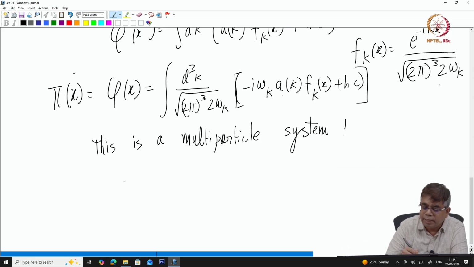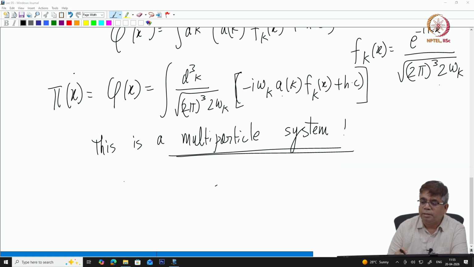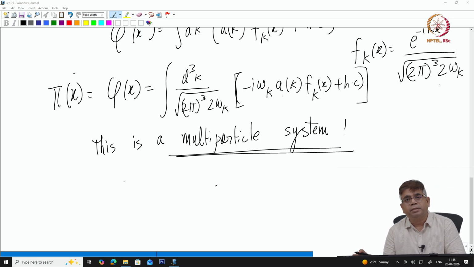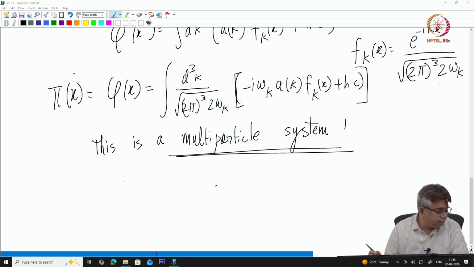So this is inherently a multi-particle system, and cannot be considered with the relativistic wave function of the Klein-Gordon equation. This is not relativistic quantum mechanics we are doing here; it is essentially a multi-particle system to begin with.